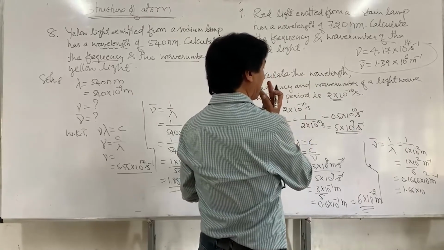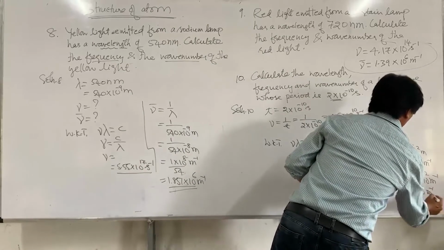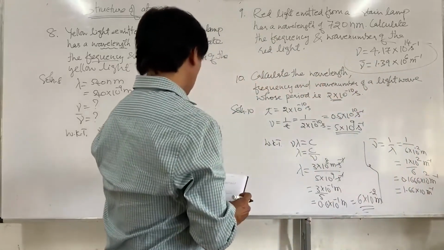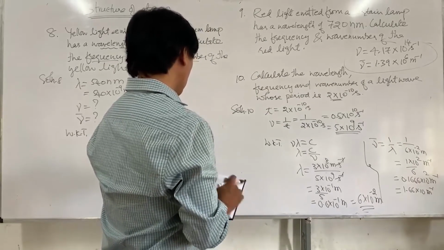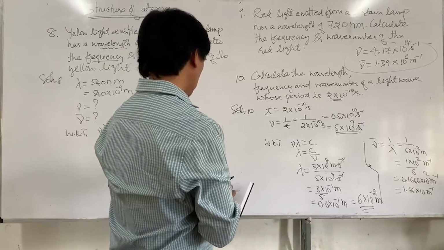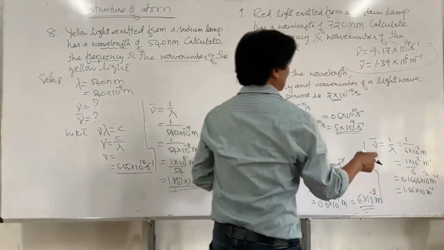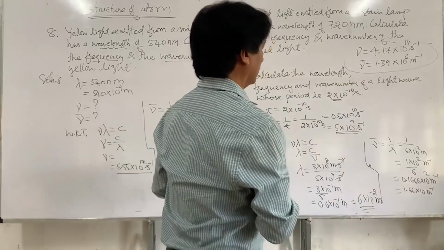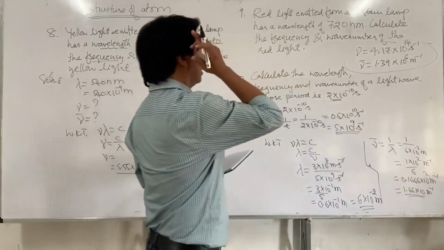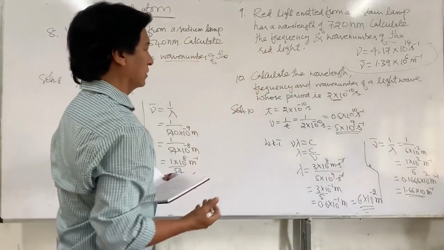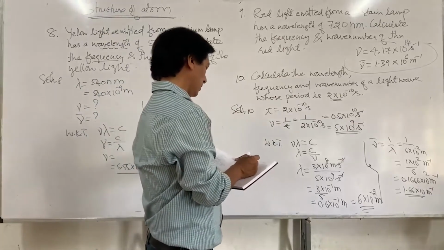So it becomes 10 raised to the power 1 only. So 1.66 into 10 raised to the power 1. That is waves or wavelengths per meter.